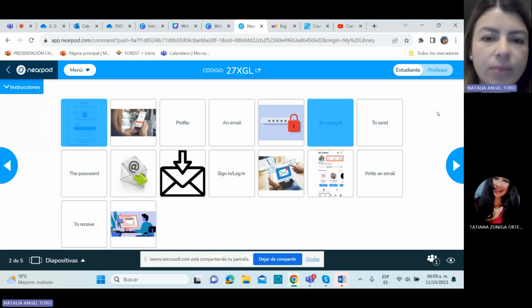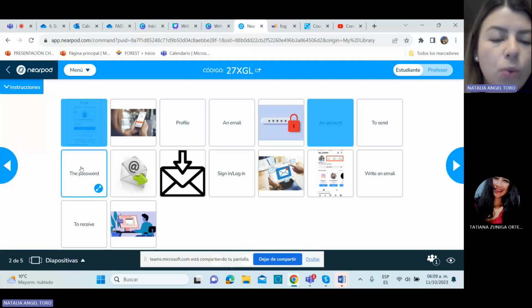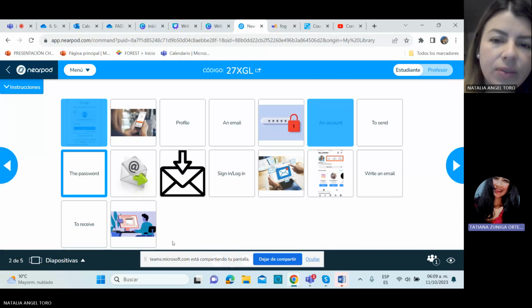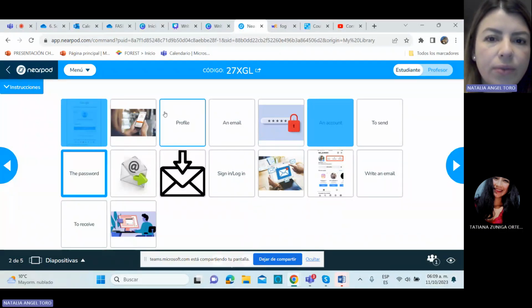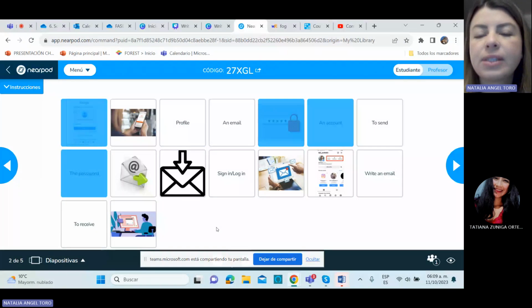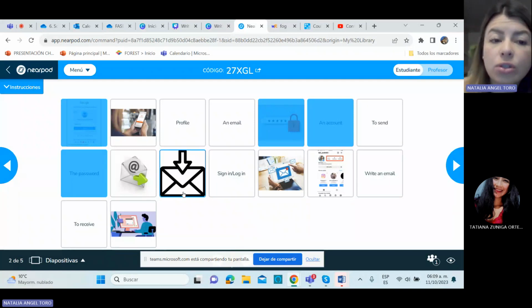So this one is an account. To access an account, you need a password. Which one could be the password? Number 5. Okay. Yes, the password is the secret word, or the secret number, or combination to access the account.